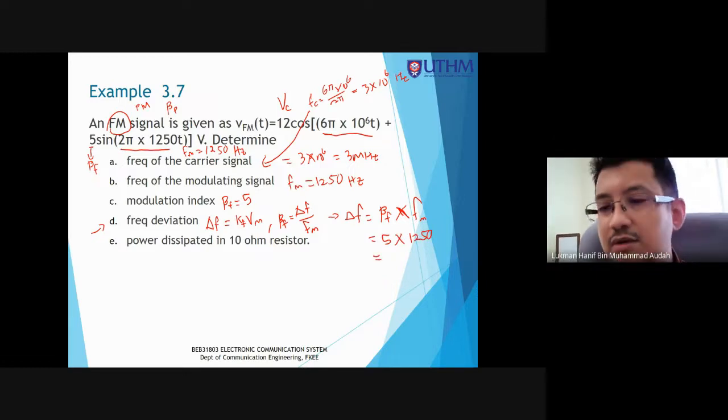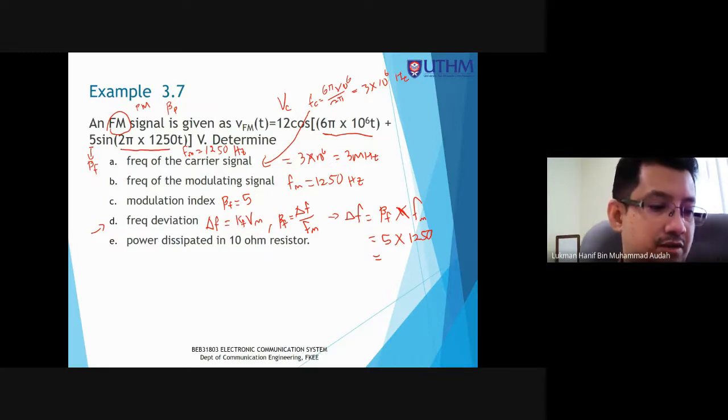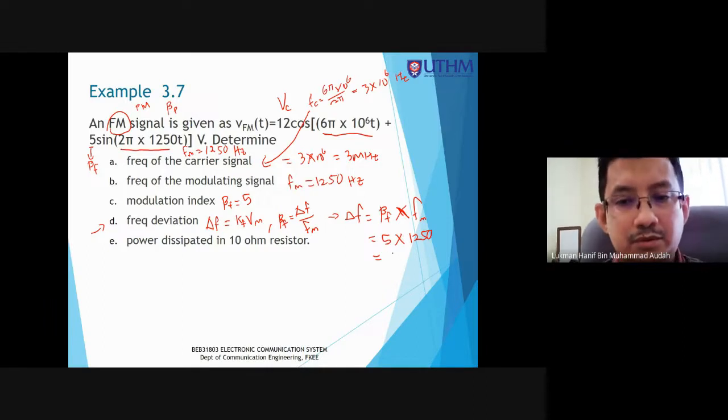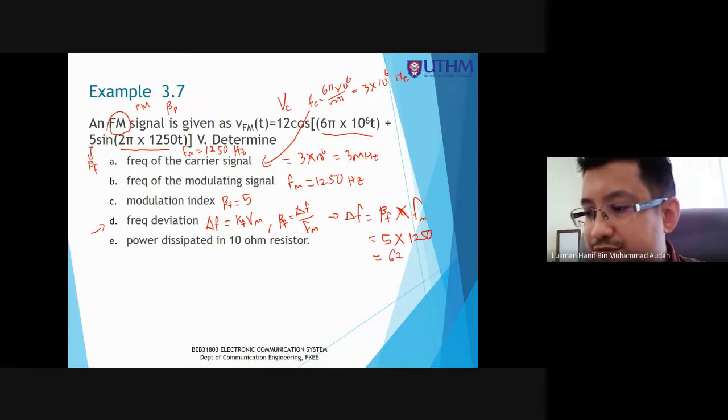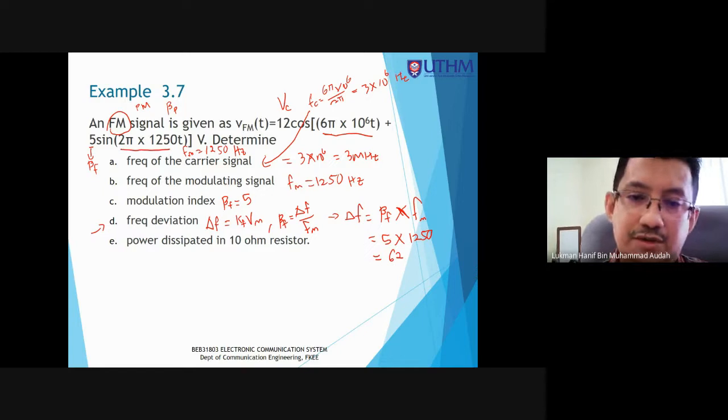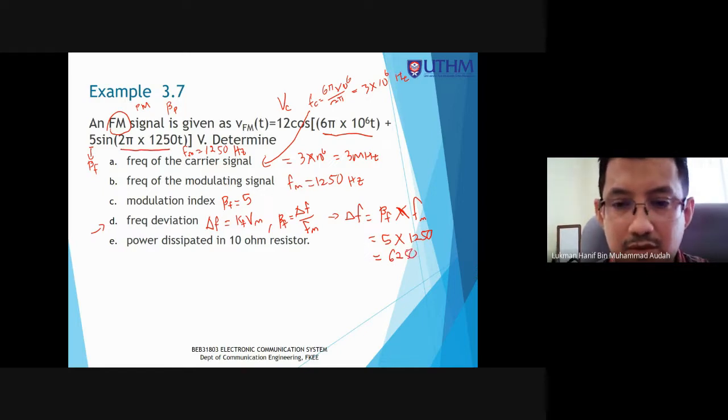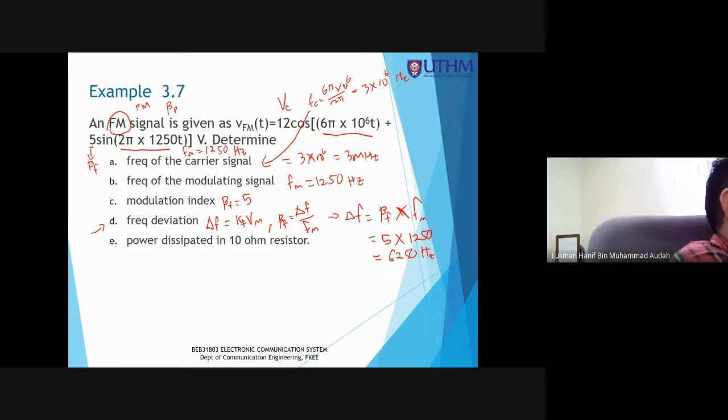Ni boleh sama-sama kira. 6250 hertz. So you can also use your calculator. Boleh guna calculator kamu untuk sama-sama kira. We can calculate together.